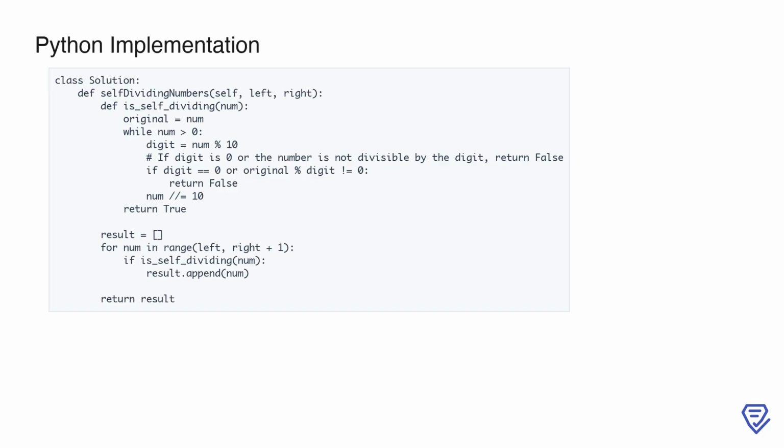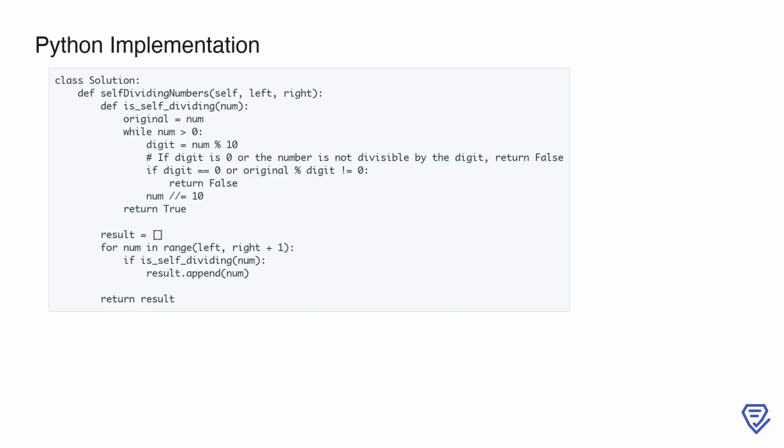Otherwise, it continues checking until all digits are processed. 2. Iterating through the range: the main function iterates through all numbers from left to right. For each number, it calls is_self_dividing. If the number is self-dividing, it is added to the result list. 3. Returning the result: after the loop completes, the function returns the result list containing all self-dividing numbers.